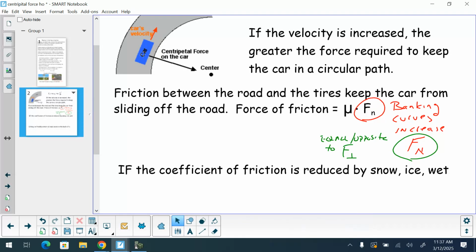Here my force perpendicular is just my weight. Here my force perpendicular now starts turning into more of an angle. So when I increase my bank, I increase my force perpendicular. When I increase my force perpendicular, we increase our force of friction. When we increase our force of friction, that means our centripetal force gets increased.